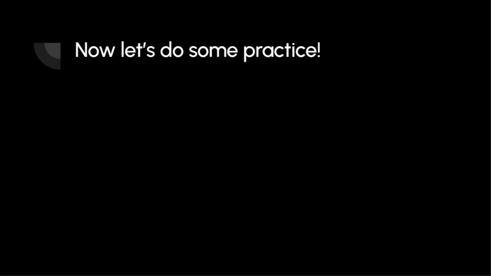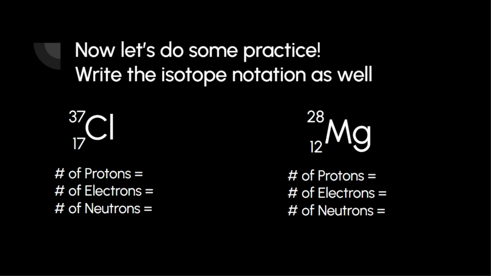Okay, let's do some practice right here. So write the isotope notation as well. Oh, this is already there. So we'll have chlorine 37. So the number of protons for this one would be 17. Remember, the number of protons is the atomic number. And for the nuclear notation or the isotope notation format, the atomic number is on the bottom.